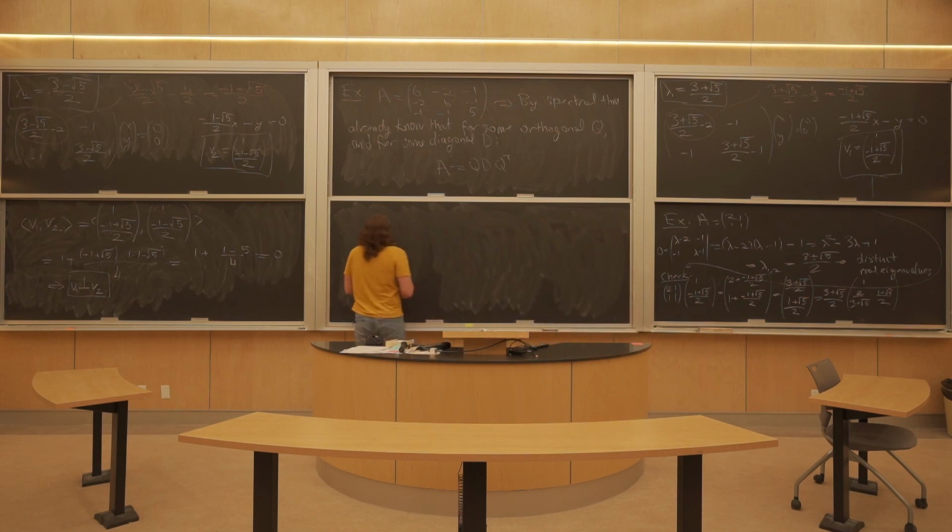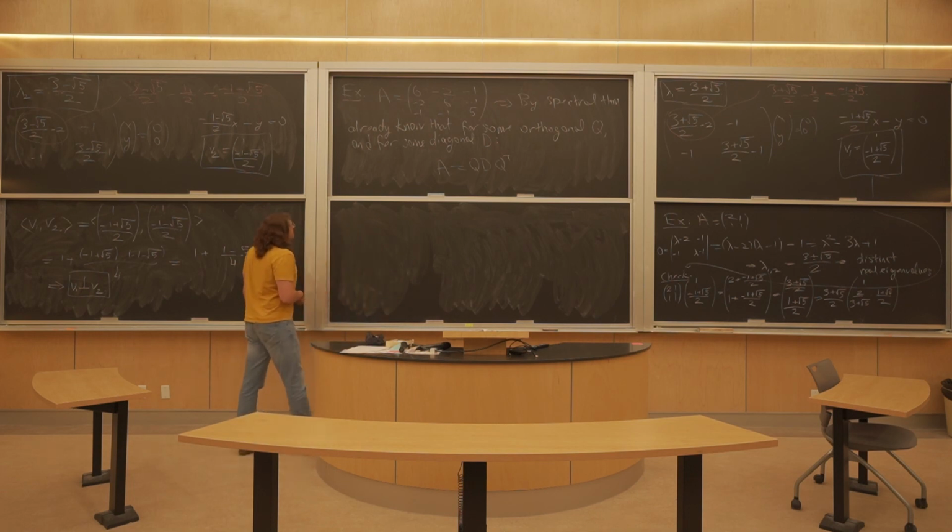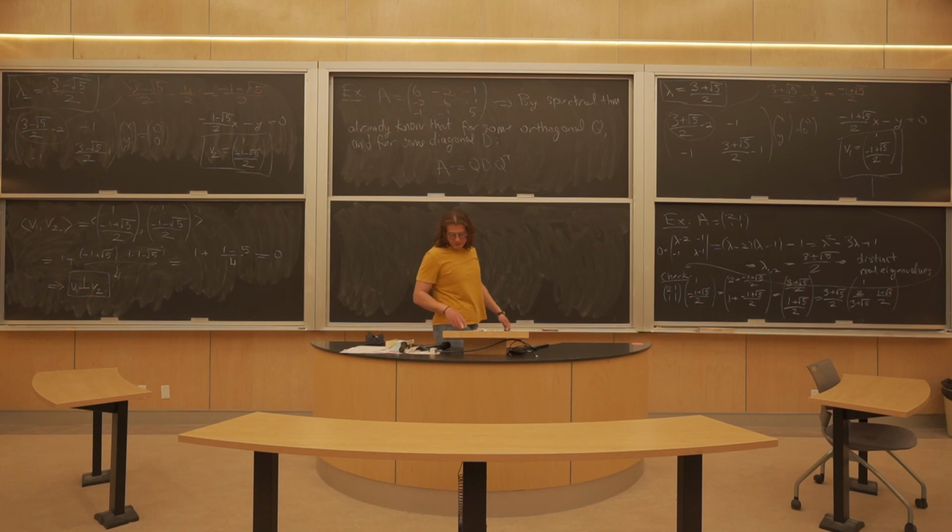So let's try to compute eigenvalues as well. Or maybe let me not do it. It turns out when you go through the motions, you set up the characteristic equation and everything, it turns out that the eigenvalues are 3, 6, and 8.